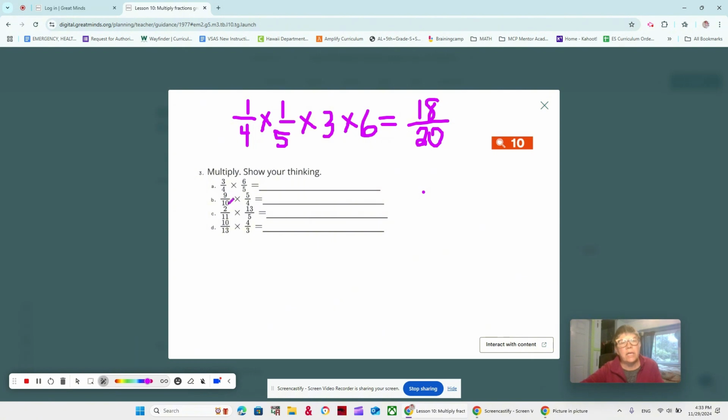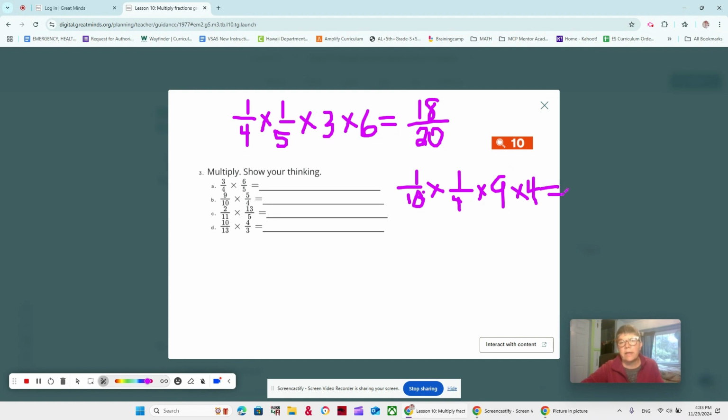Then we have 9/10 times 5/4. So let's change it to unit fractions, 1/10 times 1/4, times 9 times 5, right? Just separating those out like we've been doing this whole lesson.